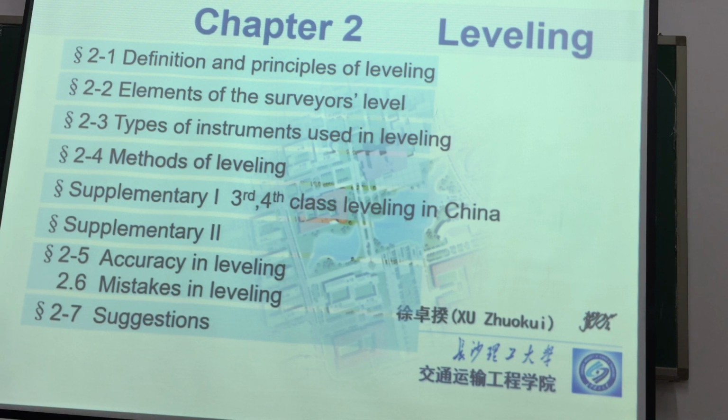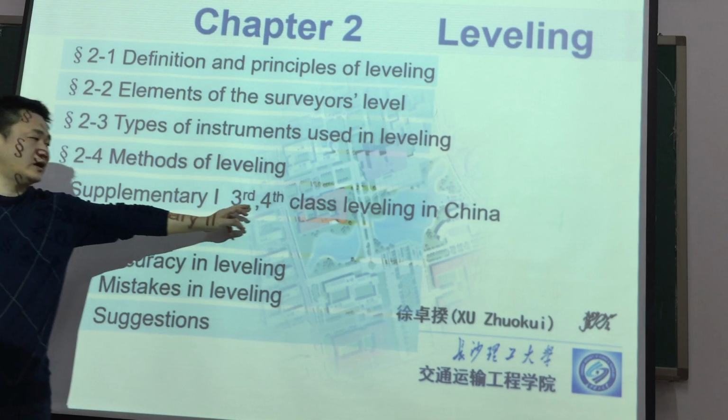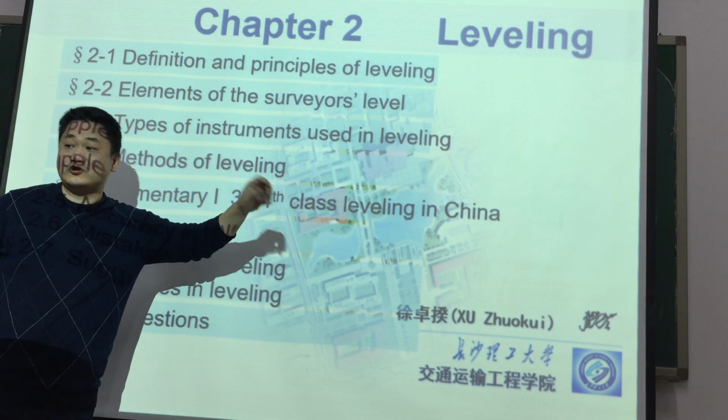Okay, in this chapter we will learn the definition and the principle of leveling, the elements of the surveyor level, the type of instrument used, and the method of leveling. And here we have 2 supplementary topics. One is the 3rd and 4th class leveling in China.